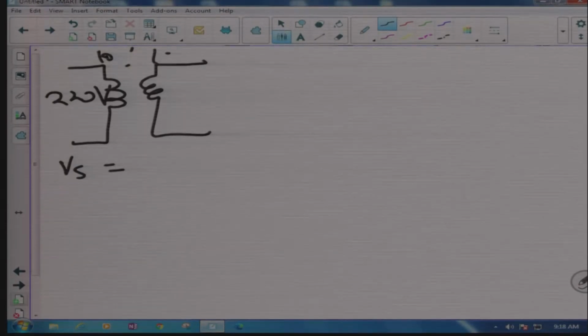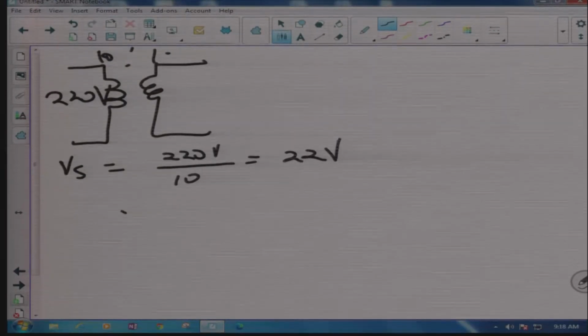It would be 220 volts divided by 10, which is the number of turns in the primary. My answer would be straightforward. It would be 22 volts. Now, be careful. What is this value in here? It's an RMS value. If you're going to work on an electronic circuit, you must convert this RMS value to a peak value. What do you do when you want to do that?